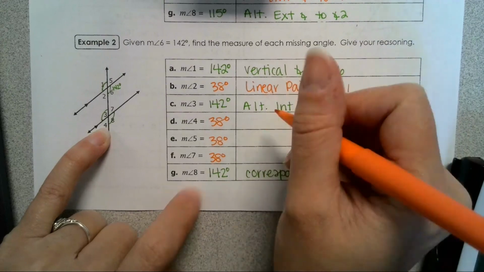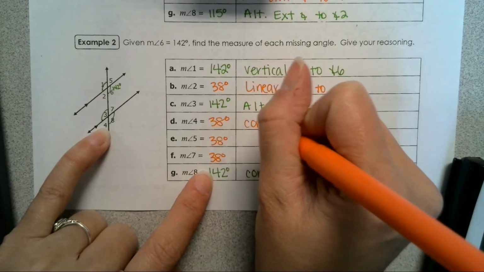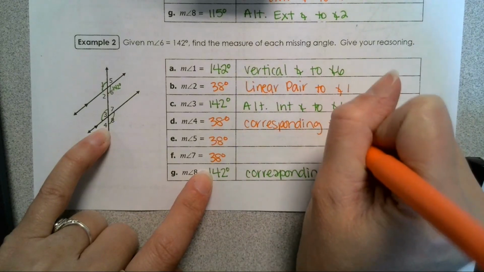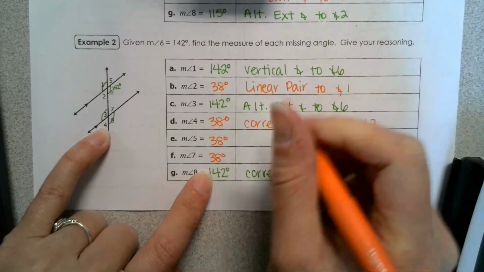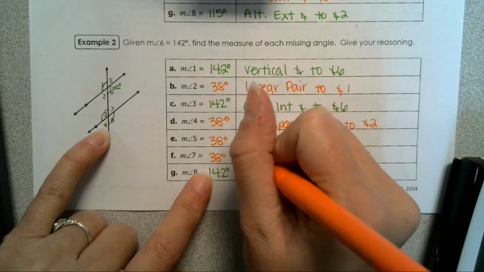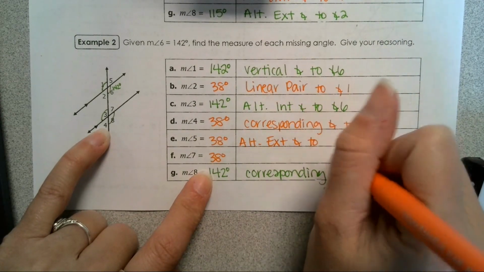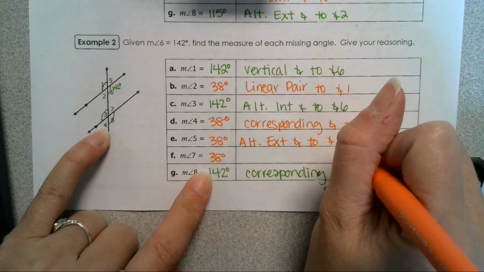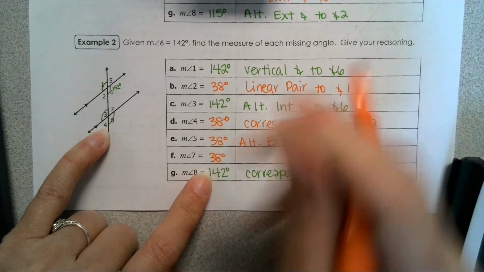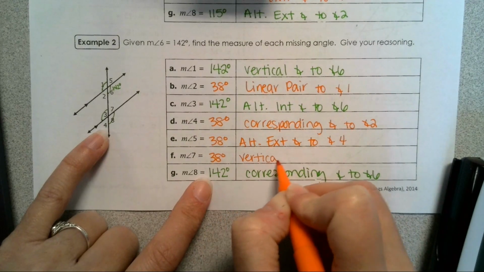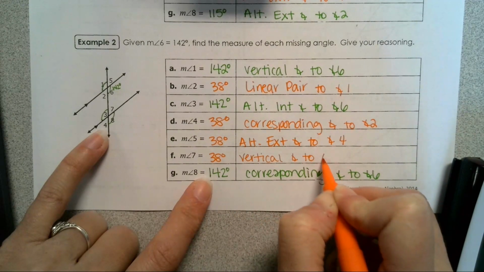Angle 4 is corresponding. It's in the same position as angle 2. Angle 5 is alternate exterior to angle 4. And then angle 7 is vertical to angle 4. There we go.